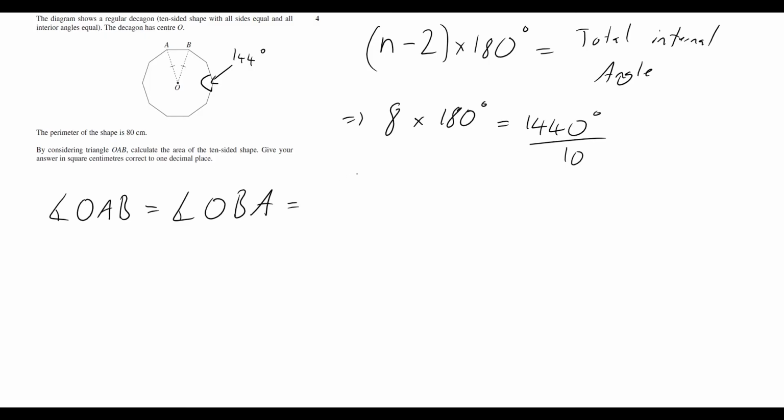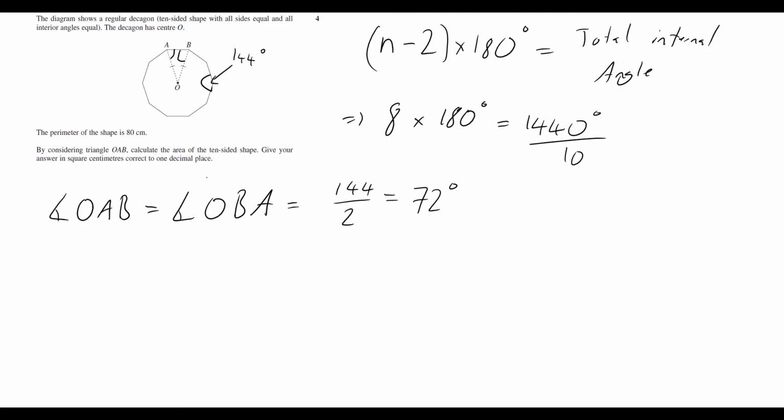And that is just going to be equal to 144 divided by 2, or in other words, simply equal to 72 degrees. Okay, so now we know those two angles in our triangle are both going to be 72 degrees.